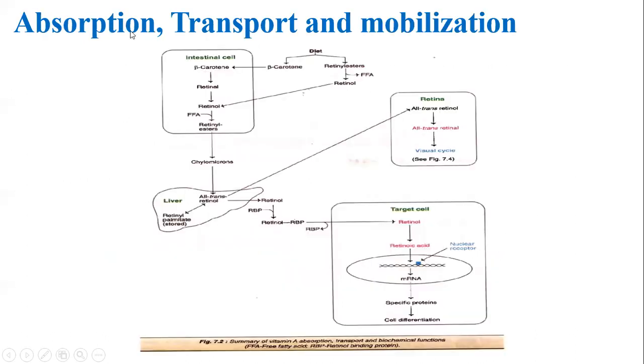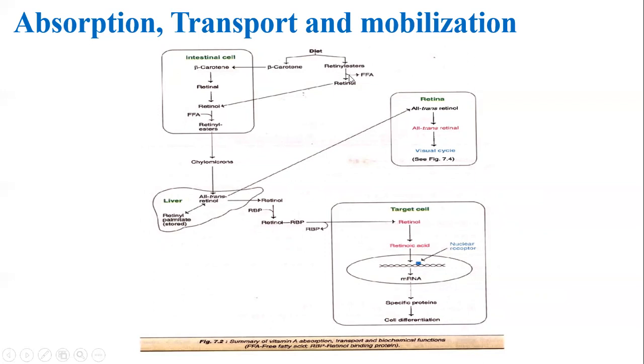Now we are discussing the absorption, transport, and mobilization of vitamin A. Vitamin A cannot be synthesized by our body. That's why it is required in our diet. Our plant diet contains beta carotene, the provitamin form, and the animal diet contains retinol in the form of retinyl esters, which contain long-chain fatty acids.